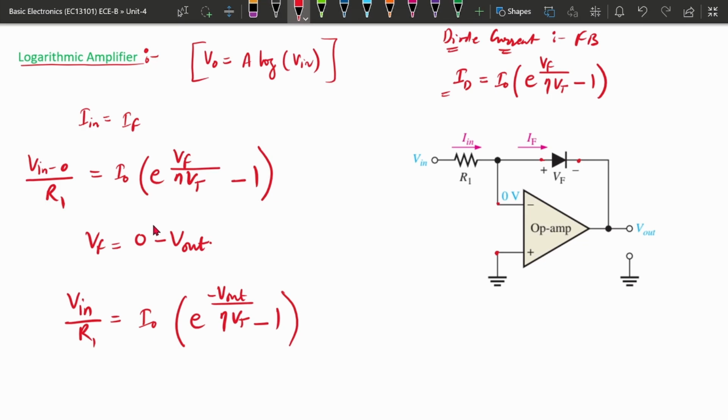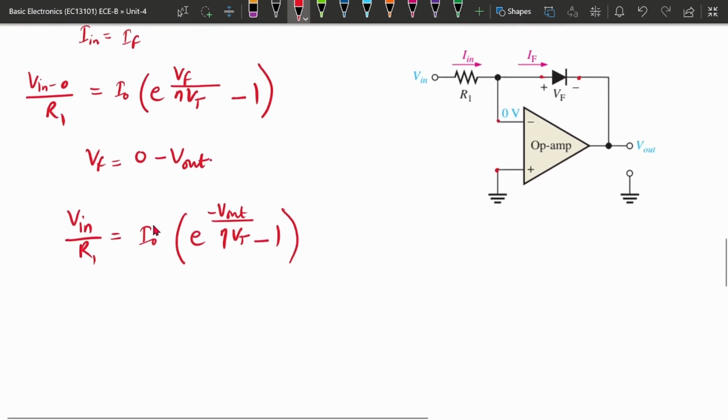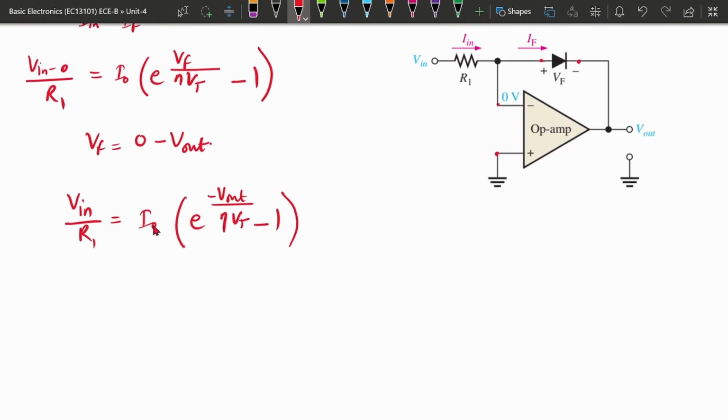Now once we have obtained this expression, we can proceed with separating the output from the input. To separate it out, we will just multiply here first, or we can just separate it out by dividing further.